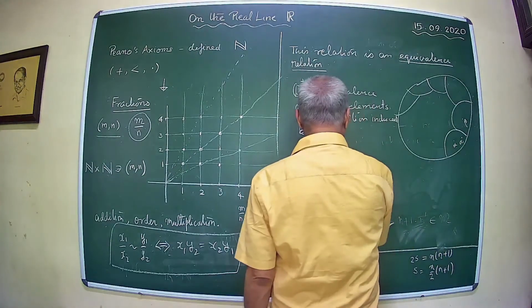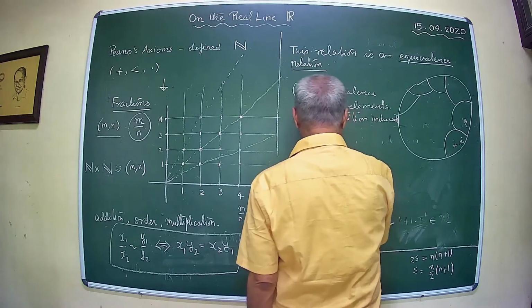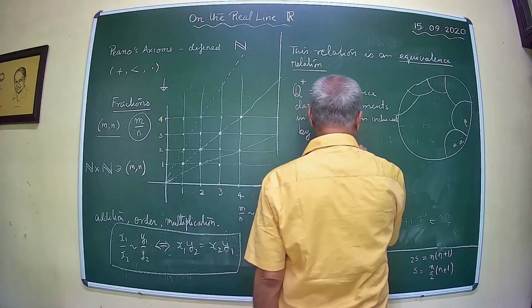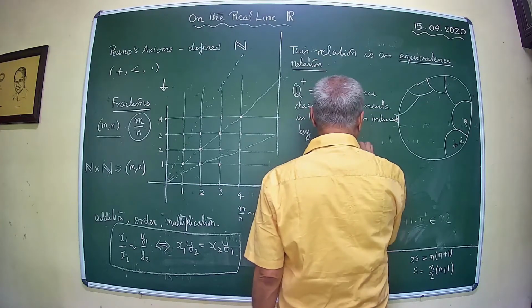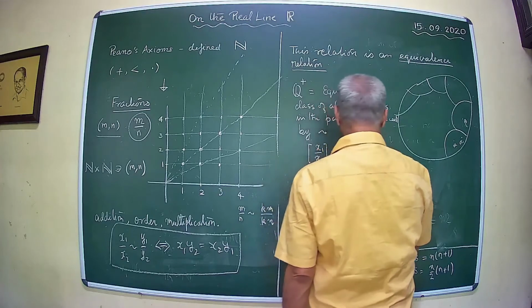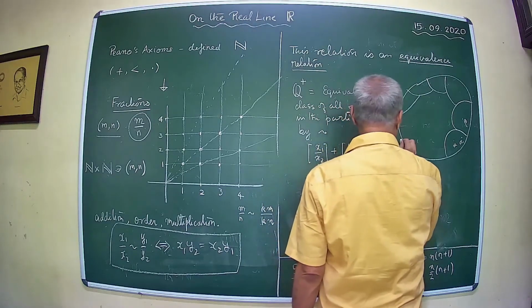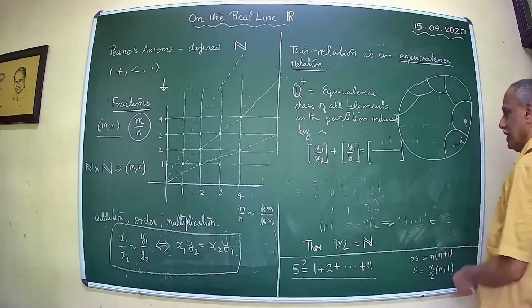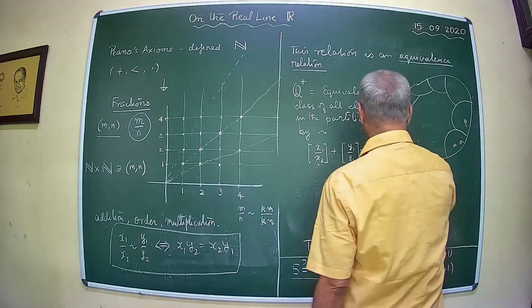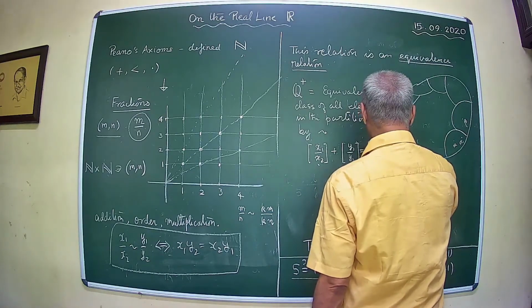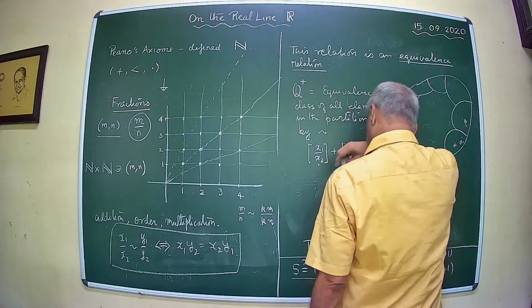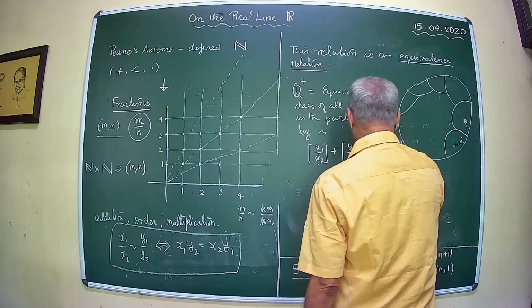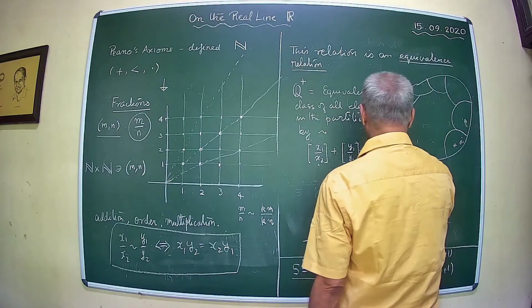I defined addition x1 by x2 plus y1 by y2 as, what is the definition? No, the addition rule was really funny. It was x1 y2 plus x2 y1 over x2.